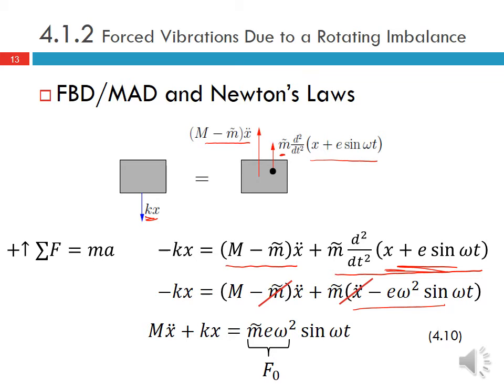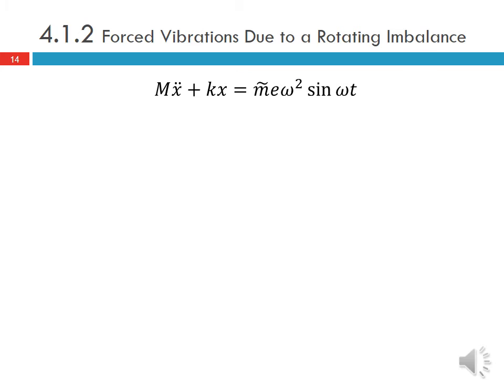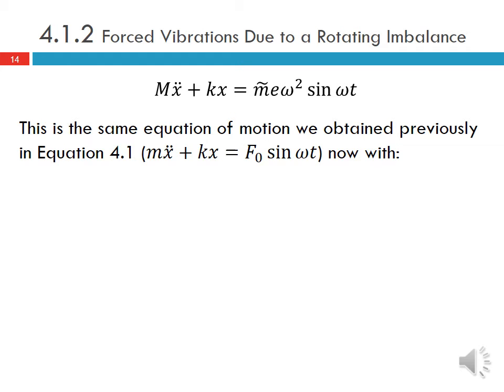This looks like the familiar form of the equation of motion of a forced system, where now the force F naught is equal to m e omega squared. So this is the same equation of motion that we obtained previously, with F naught as m e omega squared.